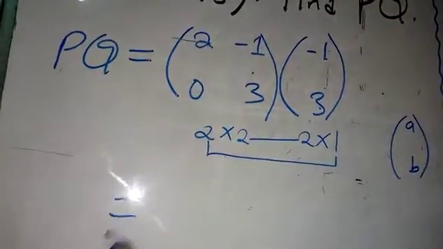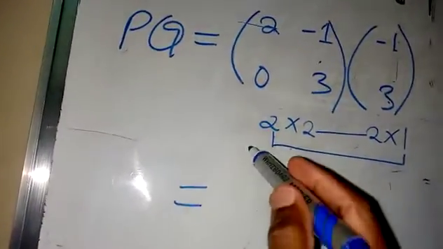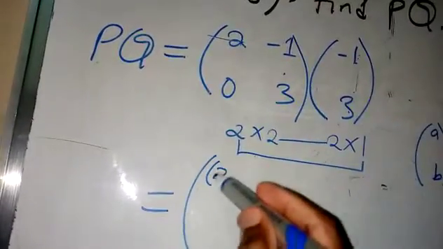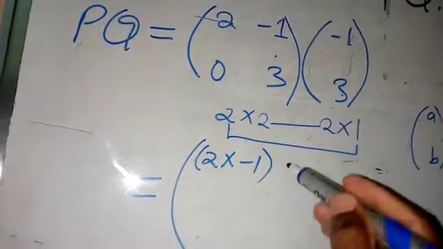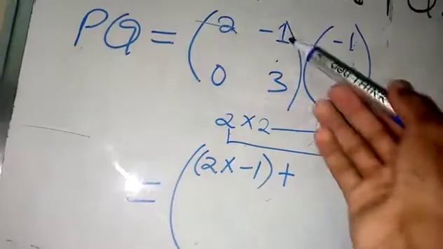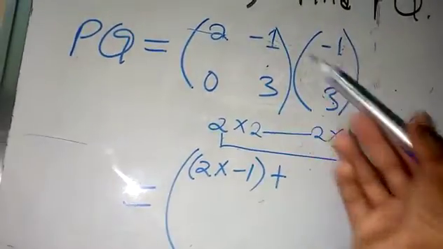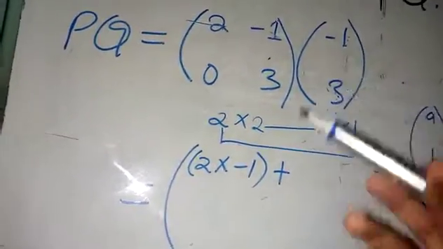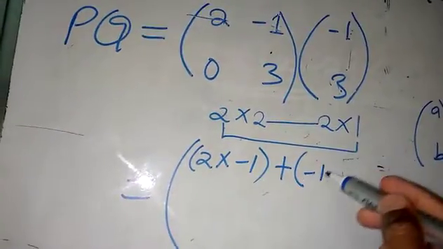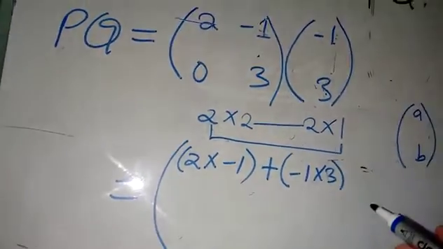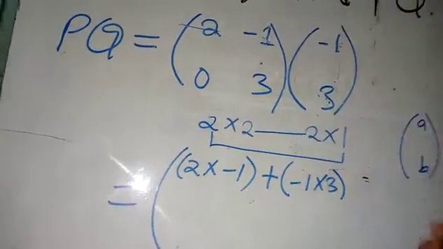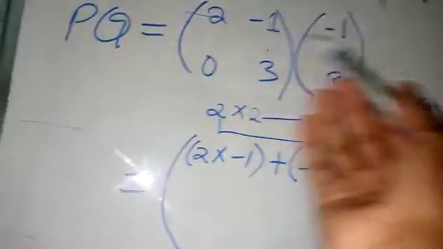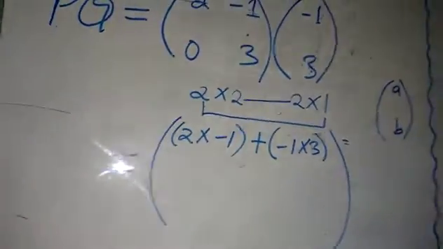So we say 2 multiplied by -1, plus, why are we adding? Because the entries are still intact. We have -1 and we also have 3. So again, you multiply -1 by 3. If we had another column, we would have multiplied it by the same row, but now a column. So you just close the bracket.